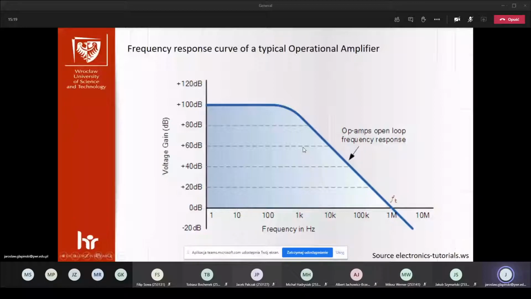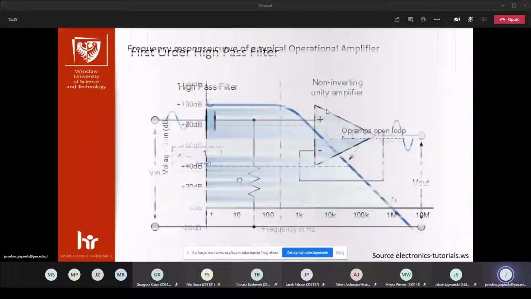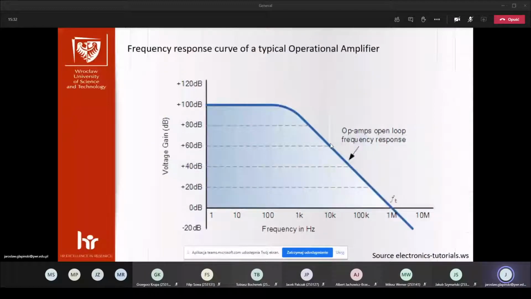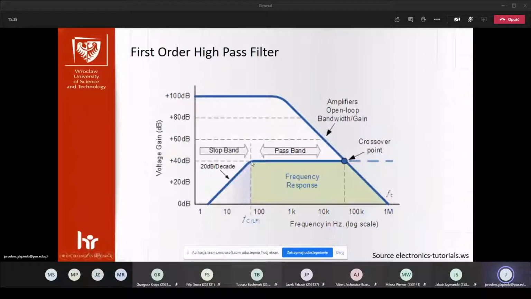So in this situation, when we use this high pass filter, it passes higher frequencies, but in fact we will have this situation. Yes, so this is the high pass filter, but in general this is a low pass filter because of the properties of the amplifier.